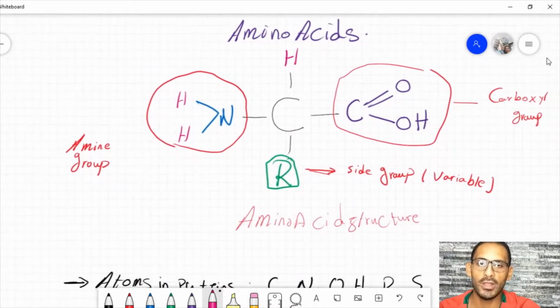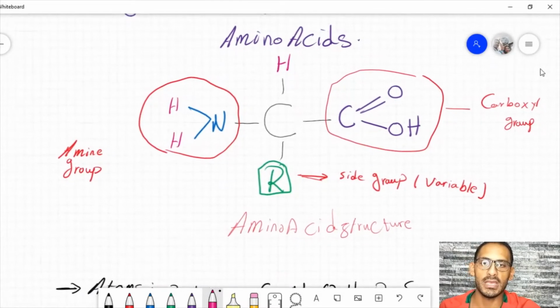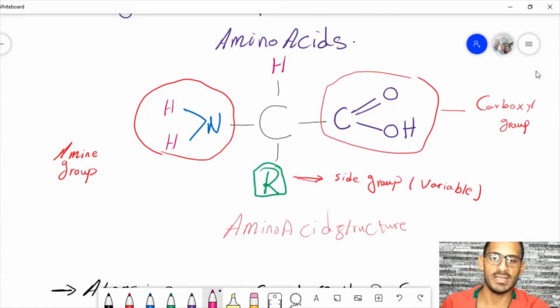Now if we look over here, we will find the structure of the amino acid itself. You'll find it around a center carbon atom, okay, connected to three stable, let's say molecules, or three stable groups, okay.